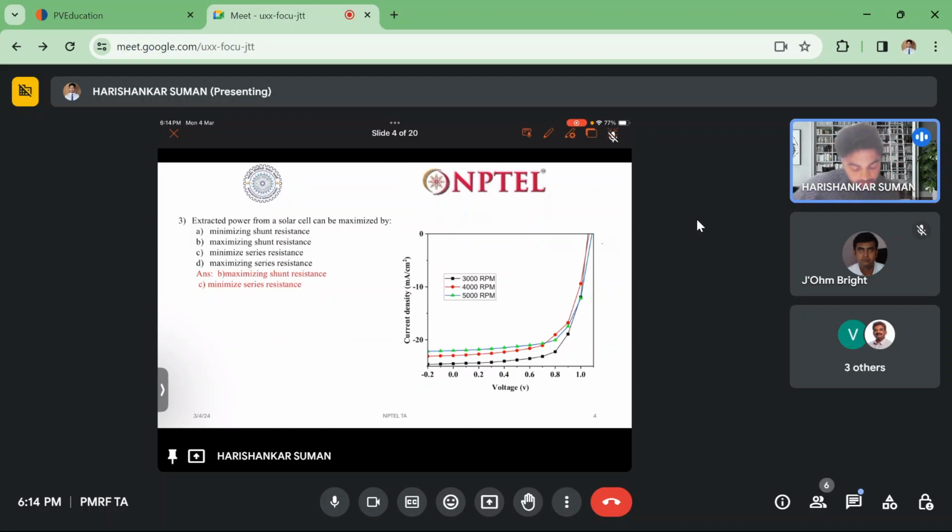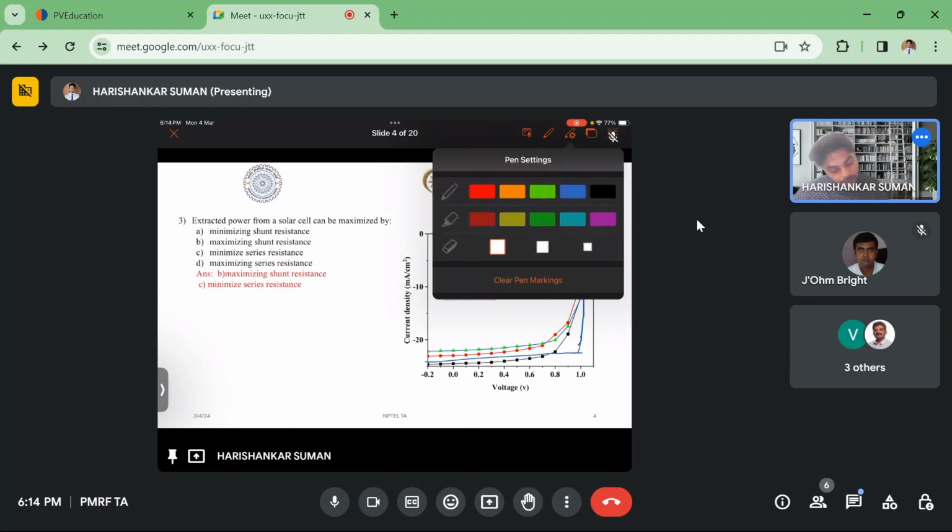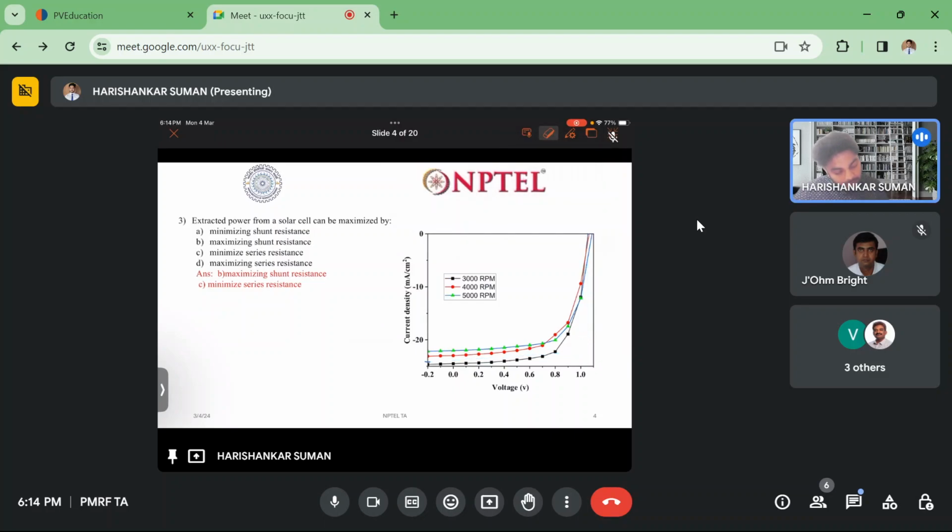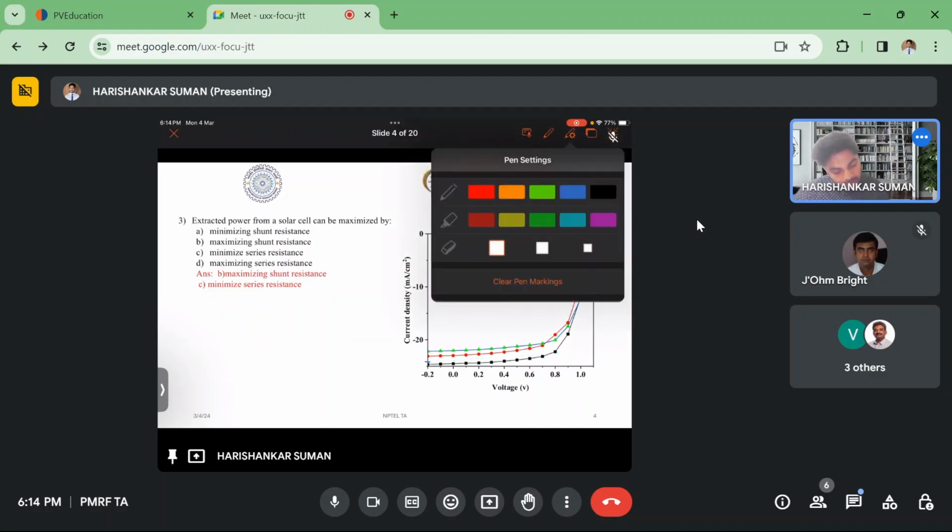So when we minimize the series resistance and maximize the shunt, we get more power. Can you compare which one is better due to best efficiency?